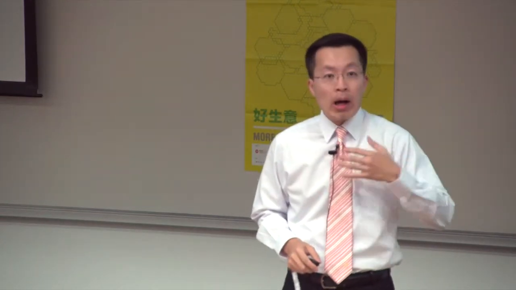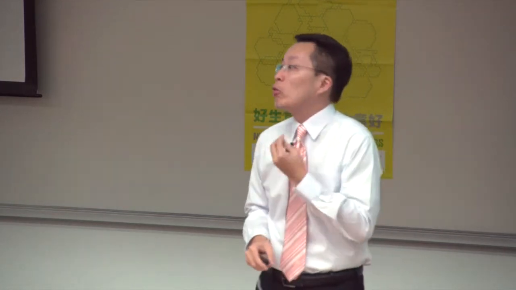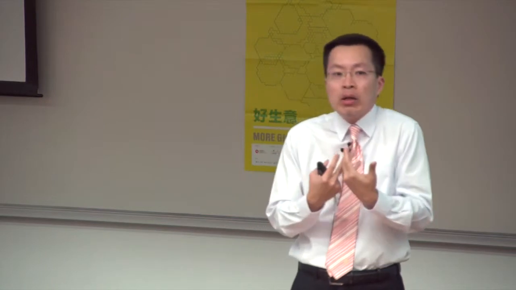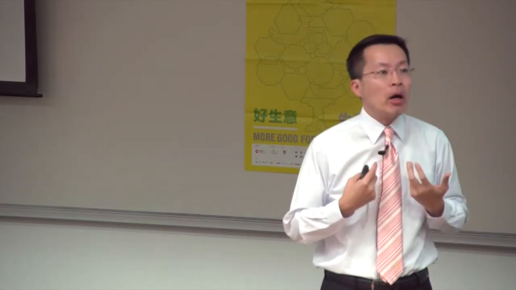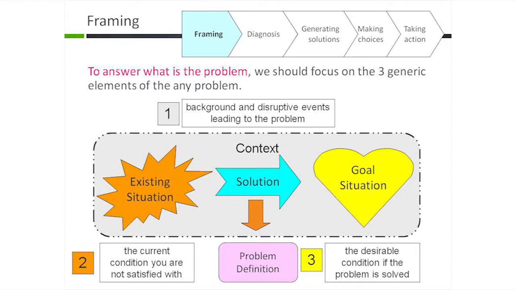So I may see a problem, but you may not see the problem. Because of what? Because of our value system. Our inside experience, our education background, our working experience will generate a difference between you and me in identifying the problem. So just use your own way as teenagers.